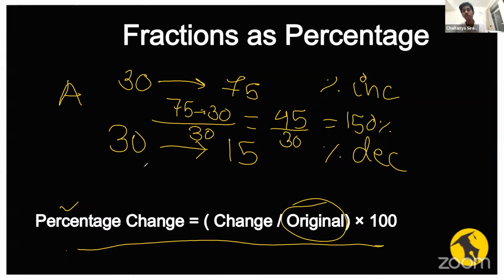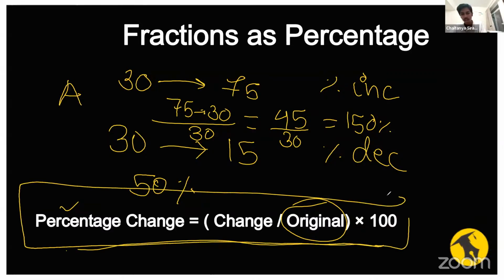And for the other case, if somebody asks what is the percentage decrease, it's fairly easy. It has reduced to half, so it should be directly 50%. All right, kindly remember this formula. It will be helpful in almost every subject you go. Okay, let's move forward.